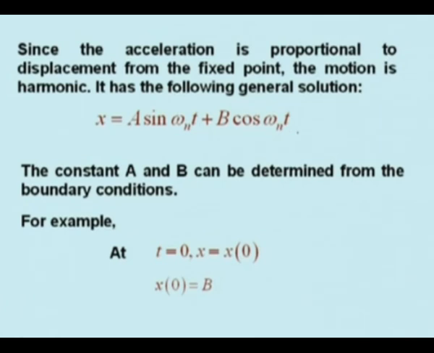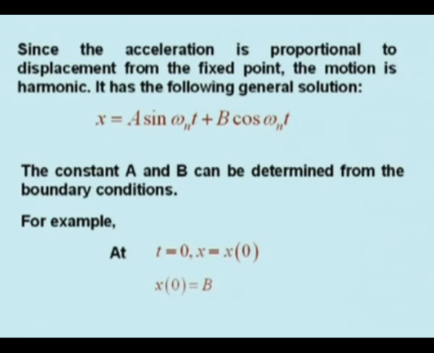You can get this from the differential equation, or substitute this into the previous equation and you see that the equation is satisfied. So the general solution of this equation is basically a sin omega n t plus b cos omega n t. The constants a and b can be determined from the boundary conditions.